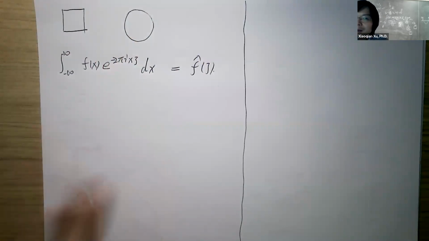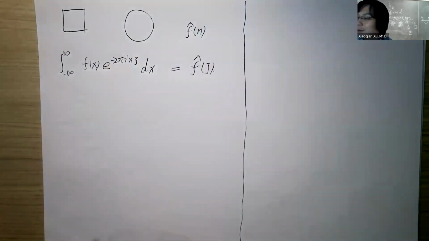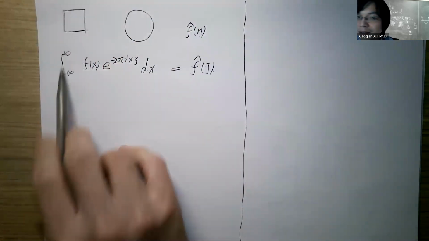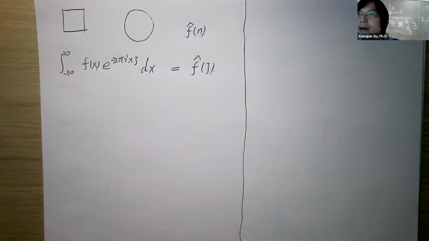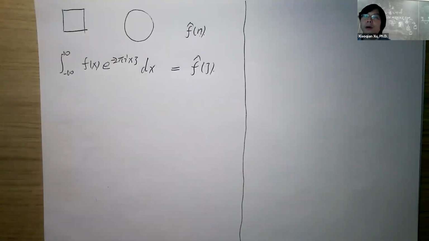You can see that it is similar to what we've learned before, which is f hat of n, because we just change this n to some xi and take the integral over the whole of R instead of over the period.